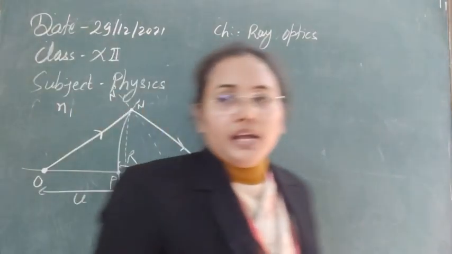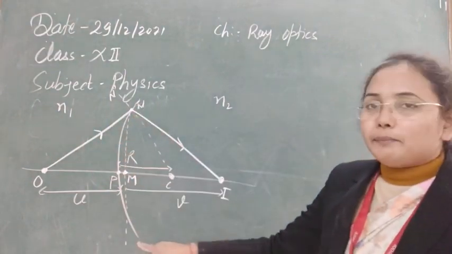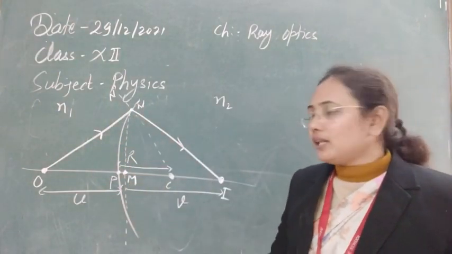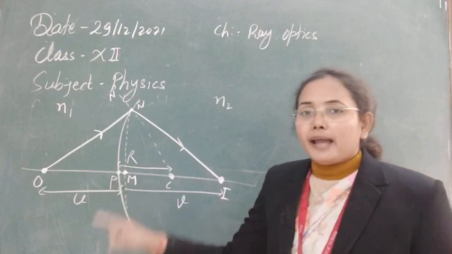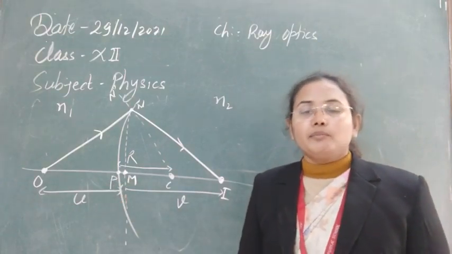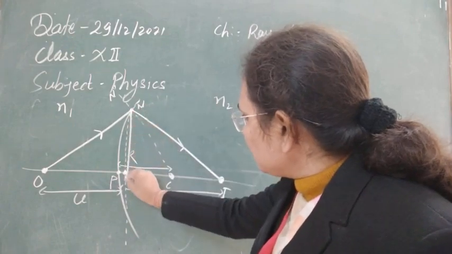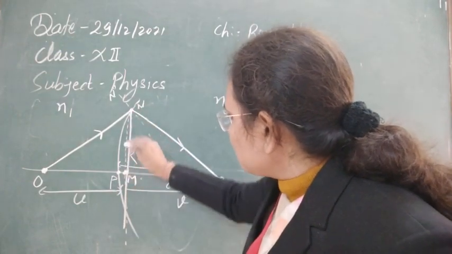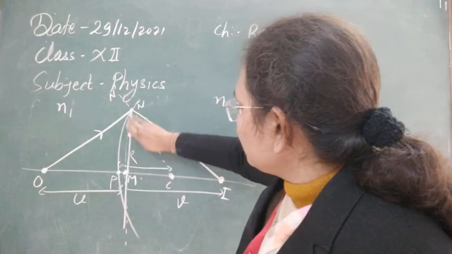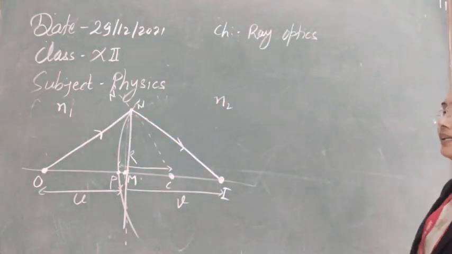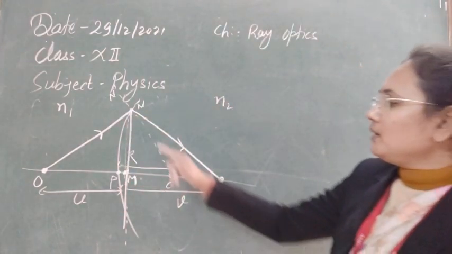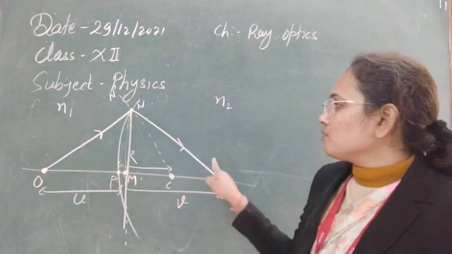As we are calling this spherical surface the aperture, if this aperture is very small, then we can take the points P and M as coinciding. Now let us take this one, I am just making it with a solid line, sorry for that. Now you can see you have different triangles on this diagram.